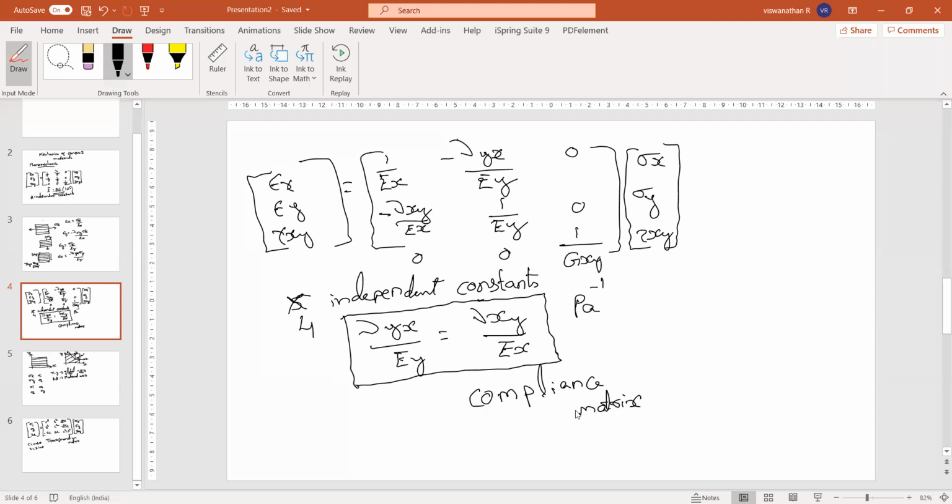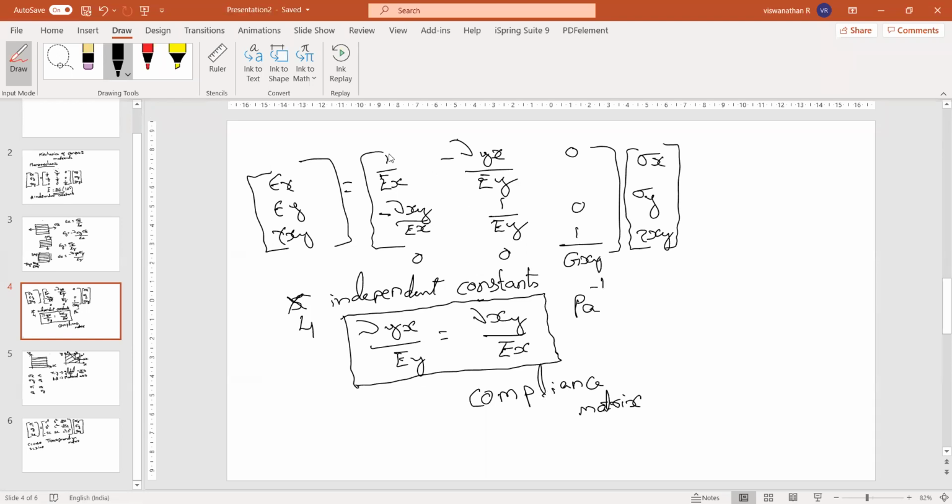So why is this called compliance matrix? It is the inverse of stiffness. That means it complies, it is flexible. It complies to the rules, it is not very stiff.